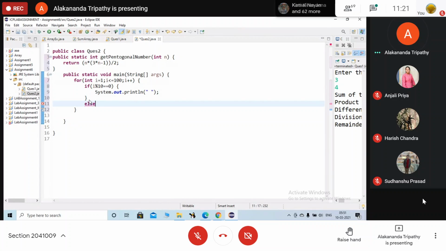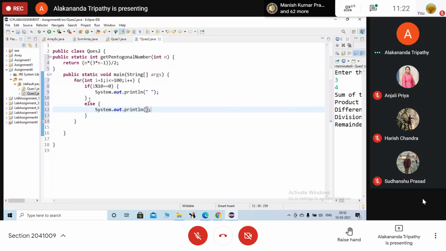Else, यहाँ पर मेथड कॉल करो, provide a blank space, take a plus. What is the method name here?